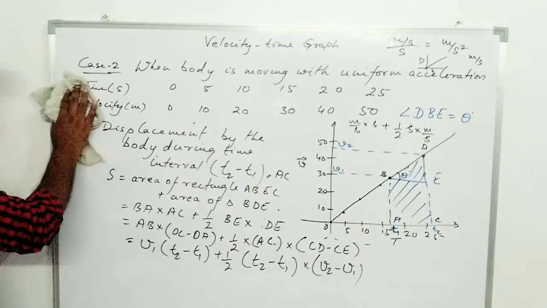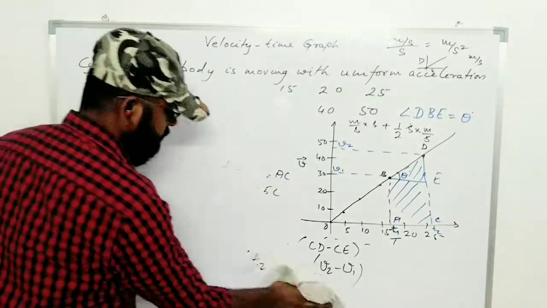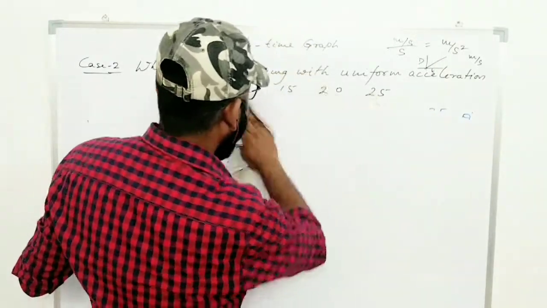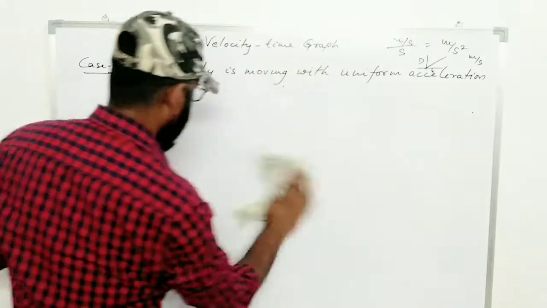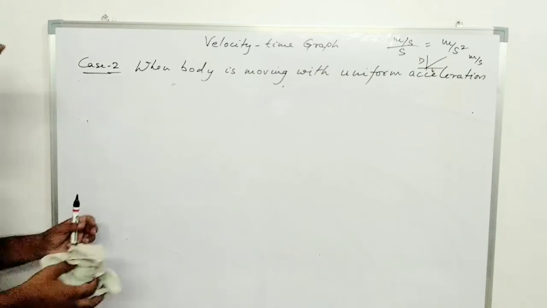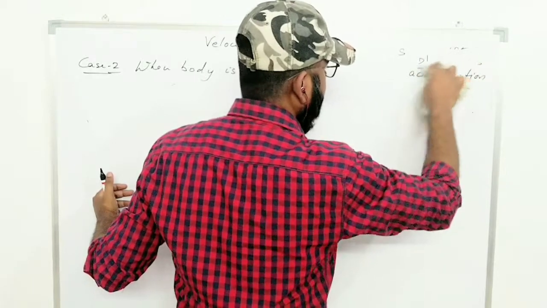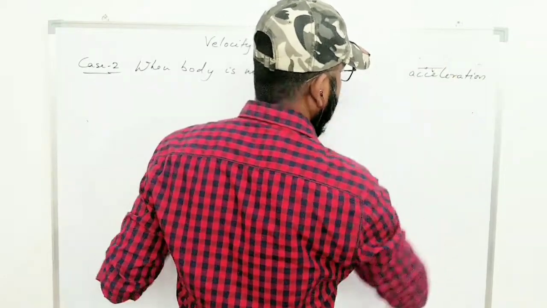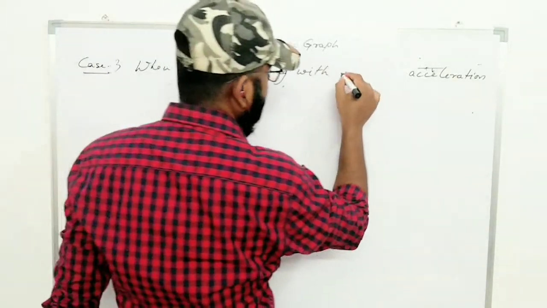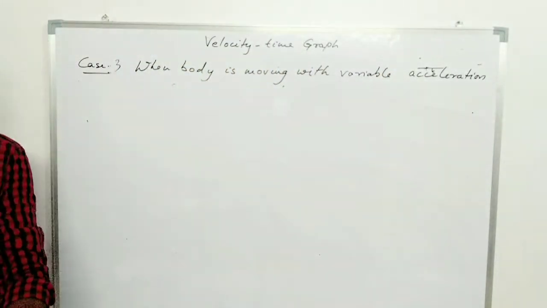Now the third case is when the body is moving with variable acceleration. Okay. So variable acceleration कैसे होता है?